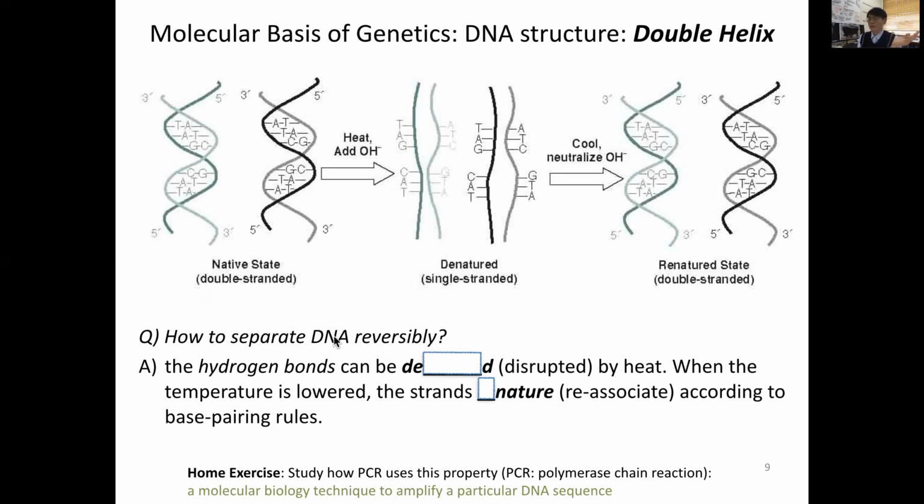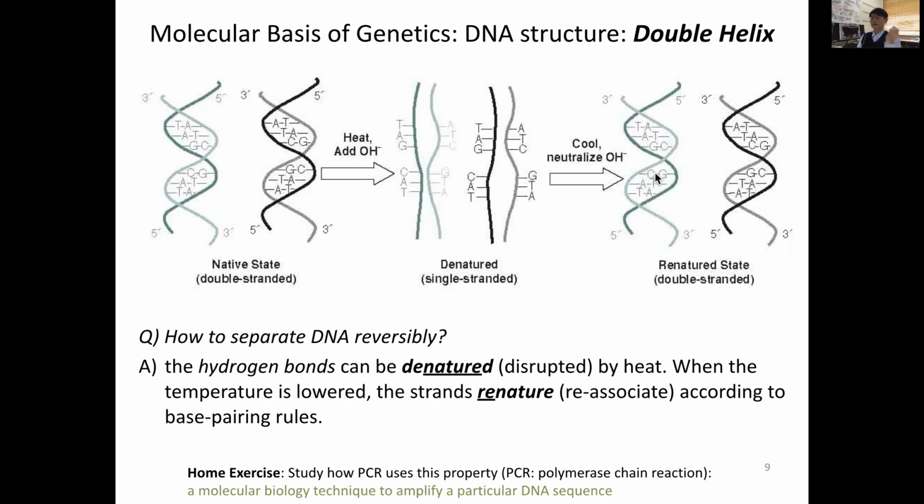So how to separate DNA in a reversible manner is by detaching the hydrogen bonds, which can be denatured by heat. When the temperature is lower, the strands will renature or reassociate according to the ATCG base pairing rules.